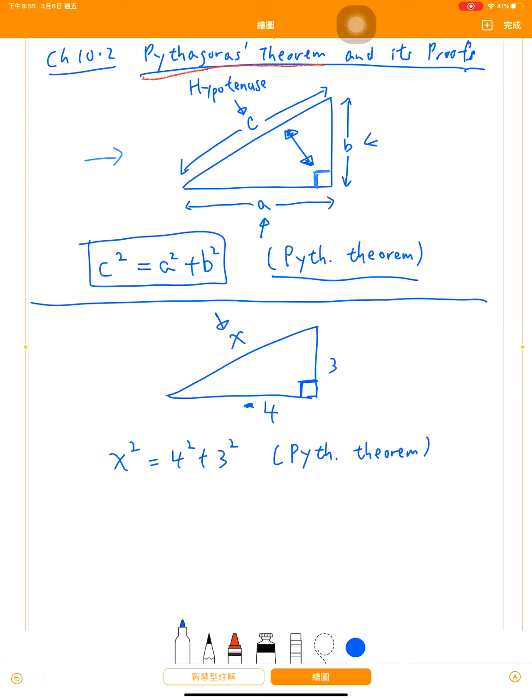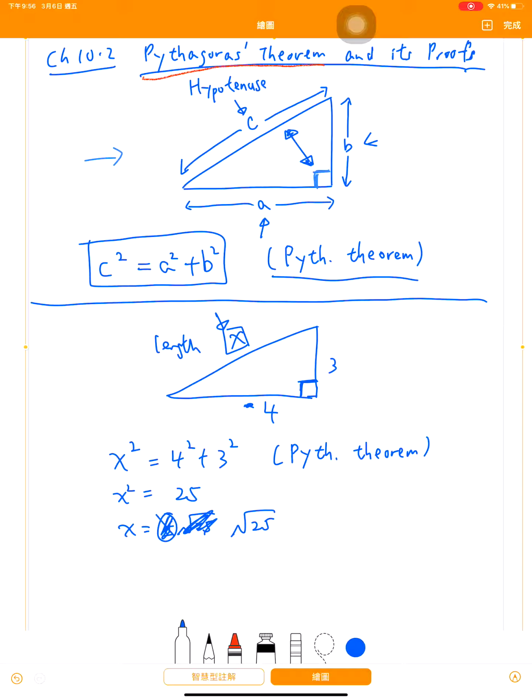Then we can use what we have learned in chapter 10.1: 16 plus 9 is 25. Then to take out the square, we put the square root, right? But this time we do not need the positive or negative sign. Why? Because we know that x is the length of this hypotenuse, and in length we do not have negative values, so we can just write down square root 25.